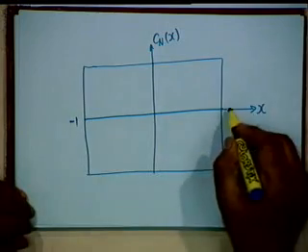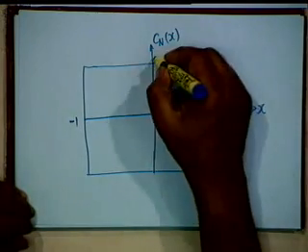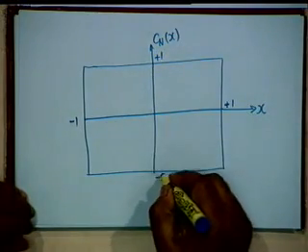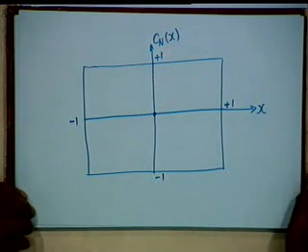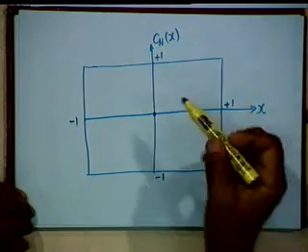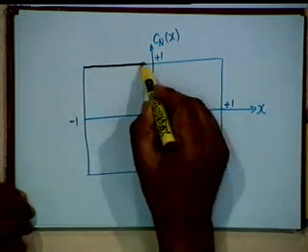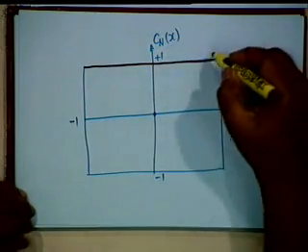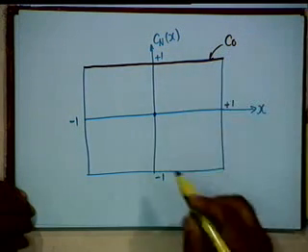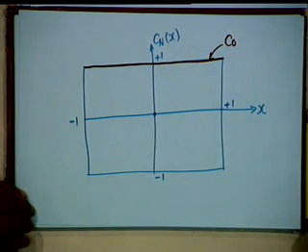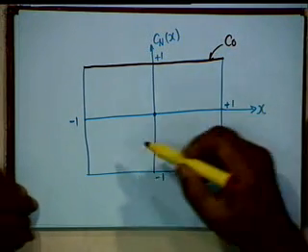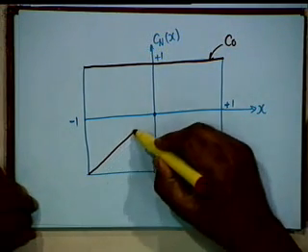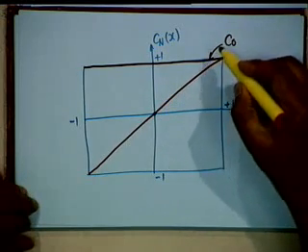This is minus 1 and this is plus 1. Cn of x is plus 1 here and minus 1 here. Okay. Then C0 of x is the brown line, C0. C1 of x is x, and therefore it is a straight line passing through the origin. This is C1.